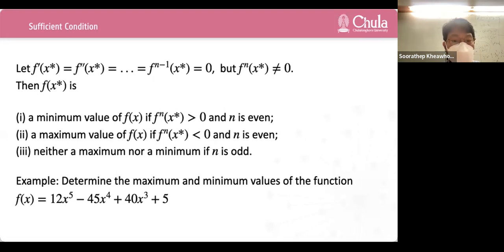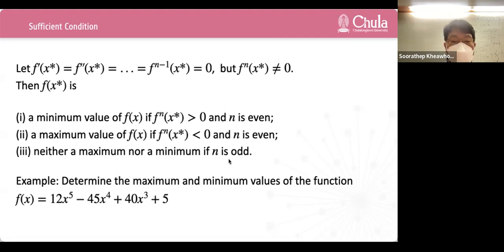If n is even, okay, and if the nth derivative at x star is greater than 0, then we have a minimum value of f(x). If f^(n) at x star is greater than 0, positive, and n is even, okay. And if n is even, again, and the nth order derivative at x star is less than 0, that point is a maximum, okay.